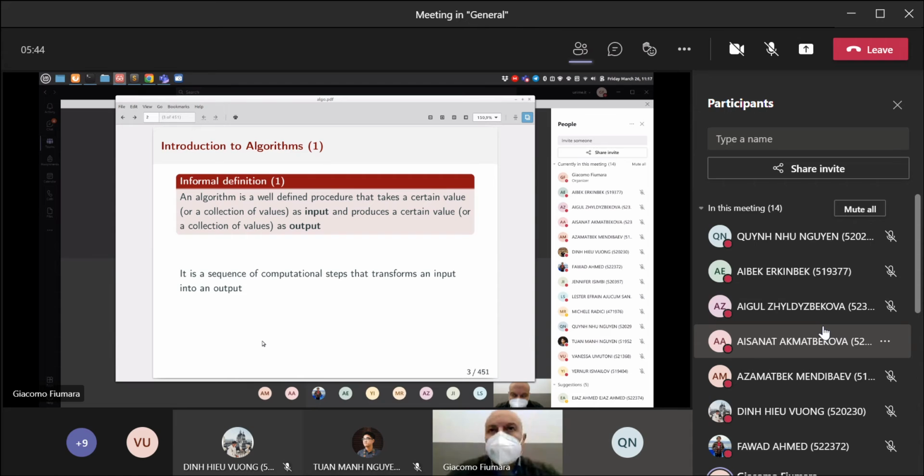If we study what's inside the box, we'll find some computational steps such that the input is processed and transformed into an output.